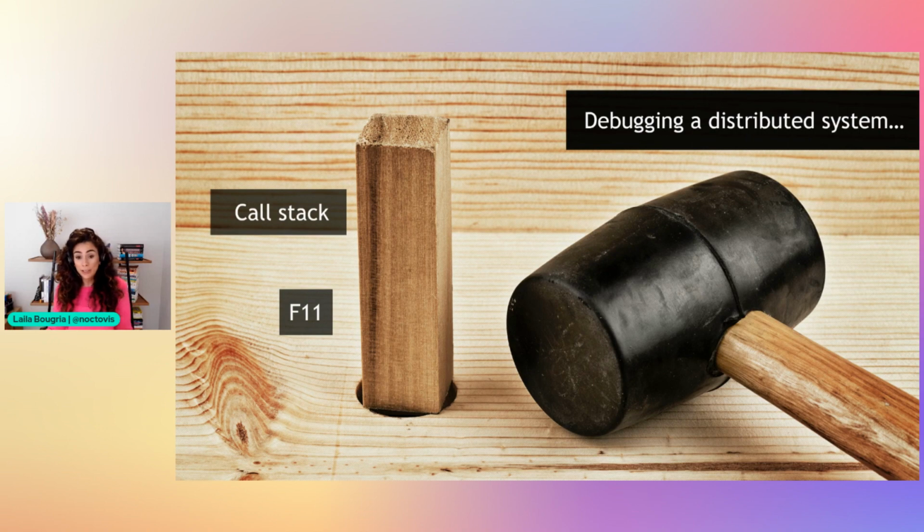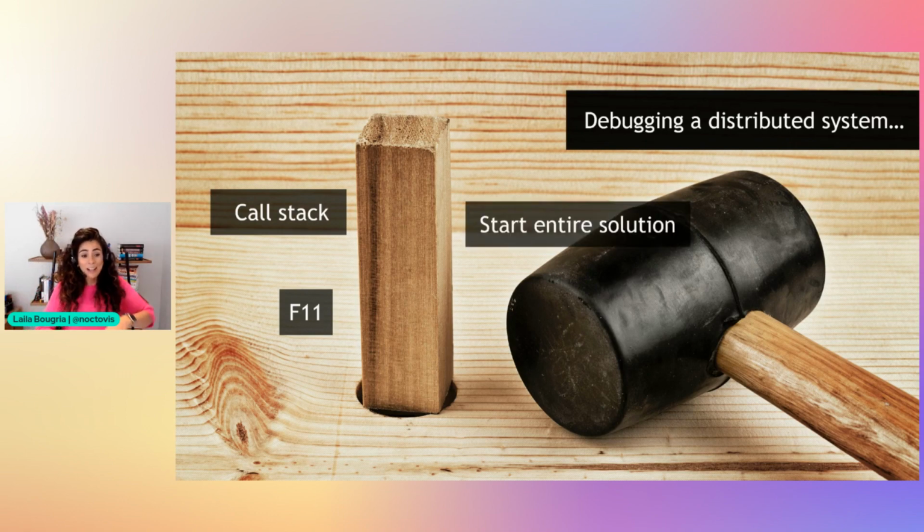But that's not going to work either, because if at some point we are sending a message to a queue and that's being handled by another component. Okay, you know what? I'll just start the entire solution with all of the components in it, and then I should be able to debug everything. But that's not going to work either because we decided to split everything up into different solutions and even different repositories because reasons.